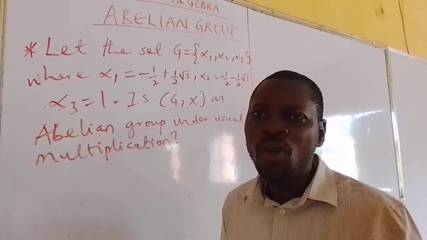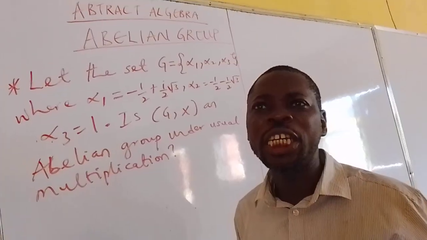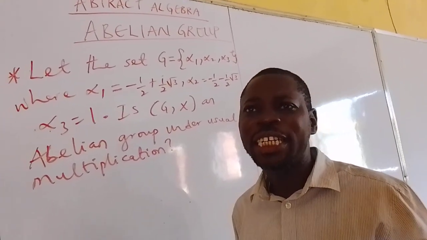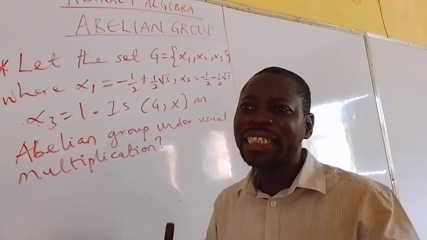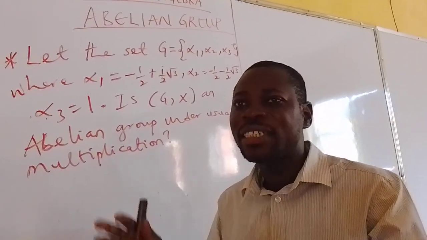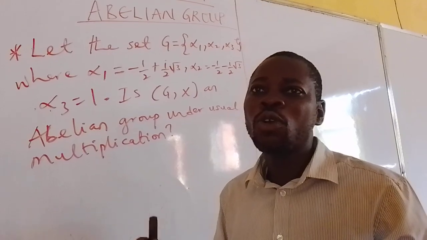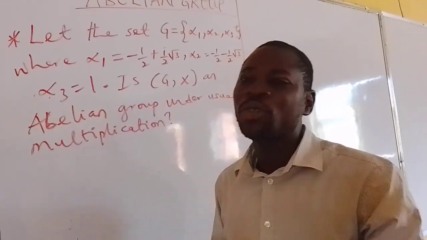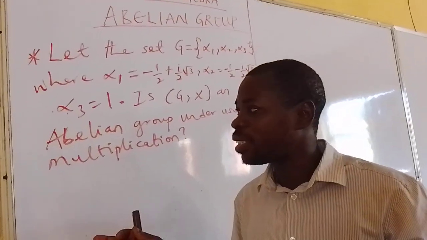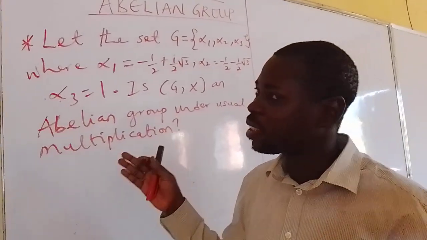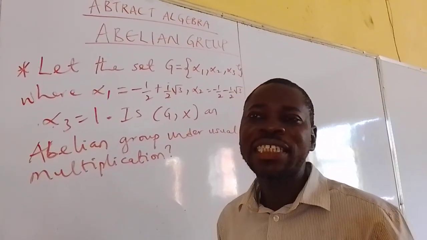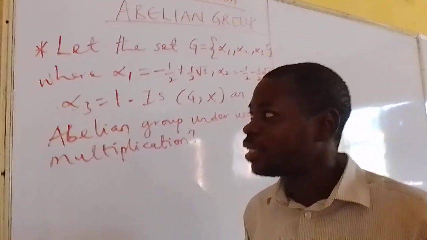Then property 2, for all a, b, c in G, (a star b) star c is equal to a star (b star c). So that is the associative property. Once the associative property is satisfied, that group is a semigroup. Then the third one, that is the identity property.